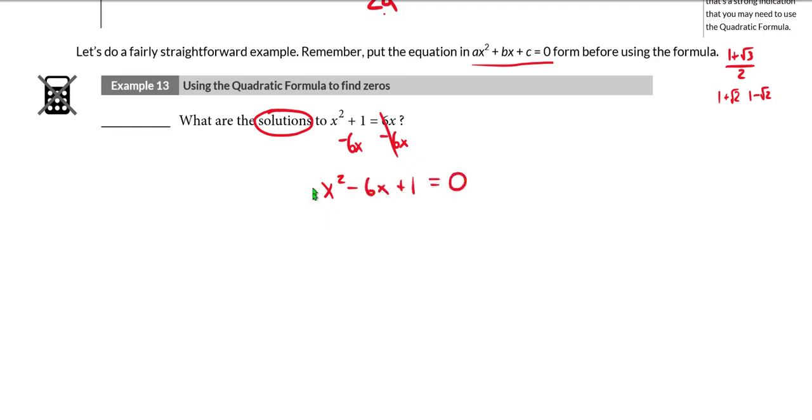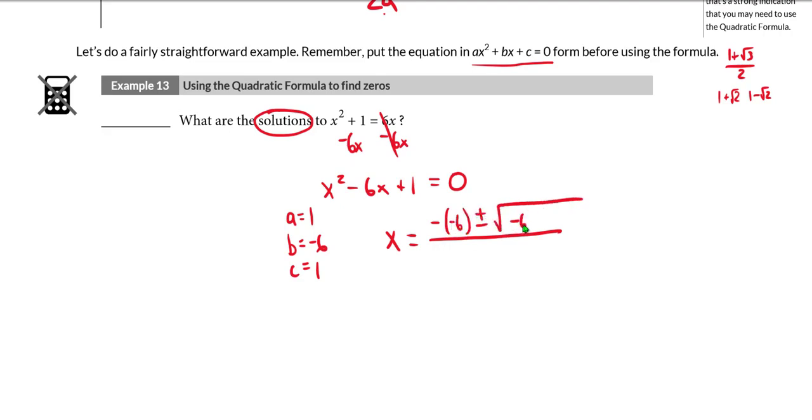I always like to write down my a, my b, and my c values before I start trying to plug anything into the quadratic formula, just so it's very nice and visual and simple. Now it's just sort of a substitution issue. So I have x equals negative b, which is going to be negative 6, plus or minus the square root of b squared minus 4ac.